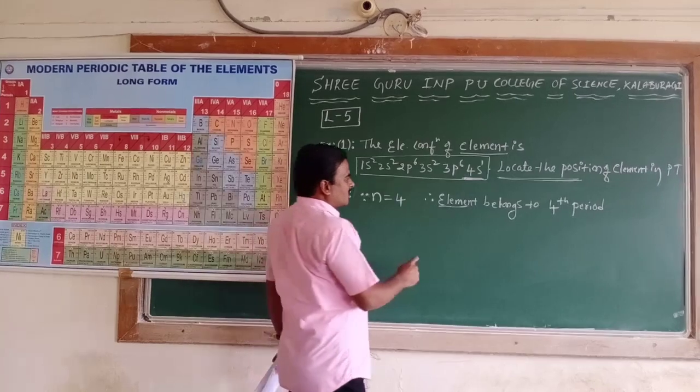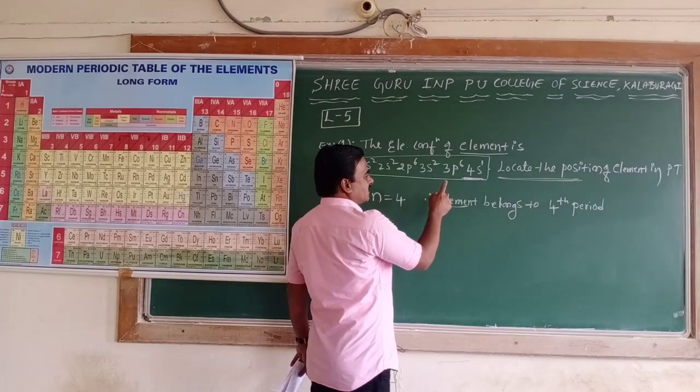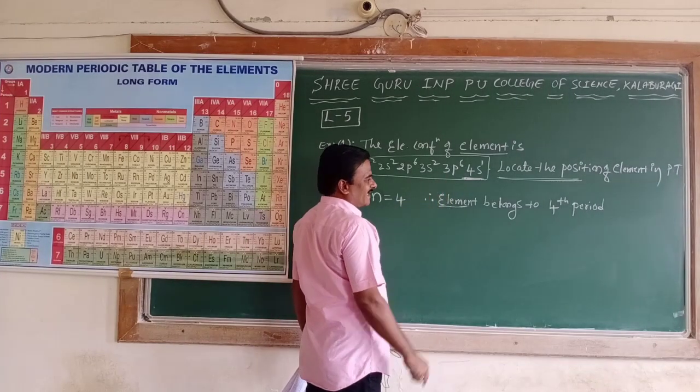Then look at the valence shell, in which subshell the electron is entering.